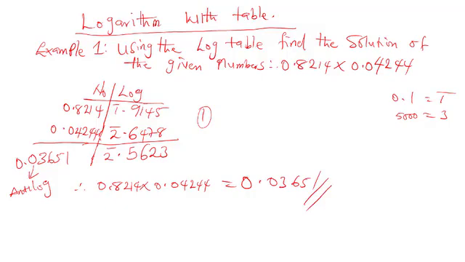Now I will still want us to move further into solving some questions that involve logarithm. For example, find the value of 3.53 raised to power 3 using the logarithmic table.